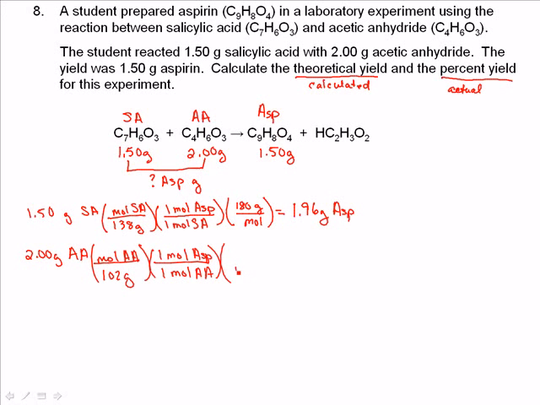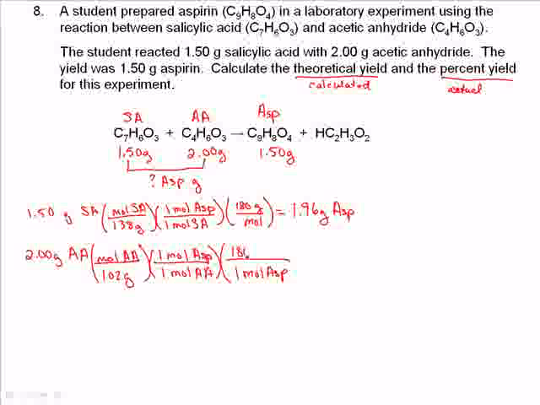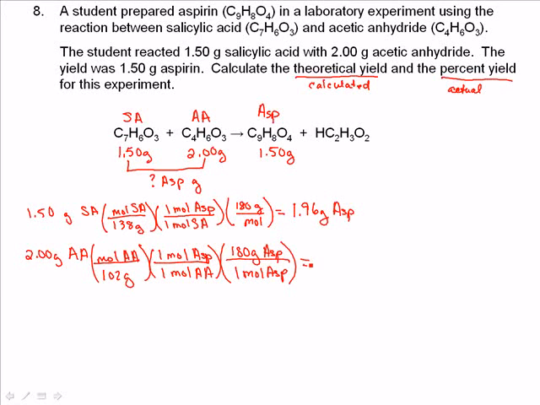And for every 1 mole of aspirin, I have 180 grams of aspirin. So the amount I can make with 2 grams is 3.53 grams of aspirin. So this one is not the one we make. This is what our answer is.